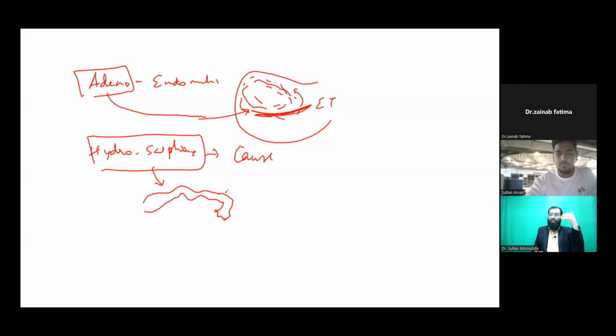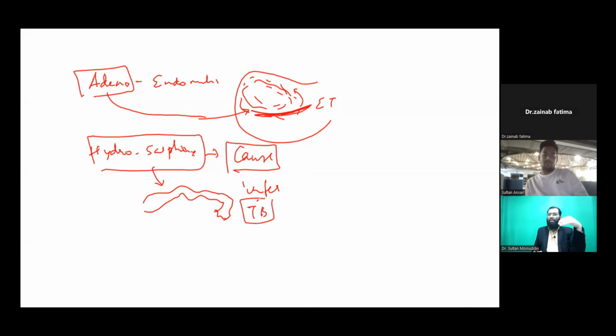So you would get it with every scan which you are doing. It won't resolve unless you remove the cause. So if there are adhesions, those adhesions have to be removed, if the patient has complaint of infertility. Similarly, if the patient has tuberculosis, that tuberculosis has to be treated. Only then hydrosalpinx would settle, or else no. You would find it with every scan.